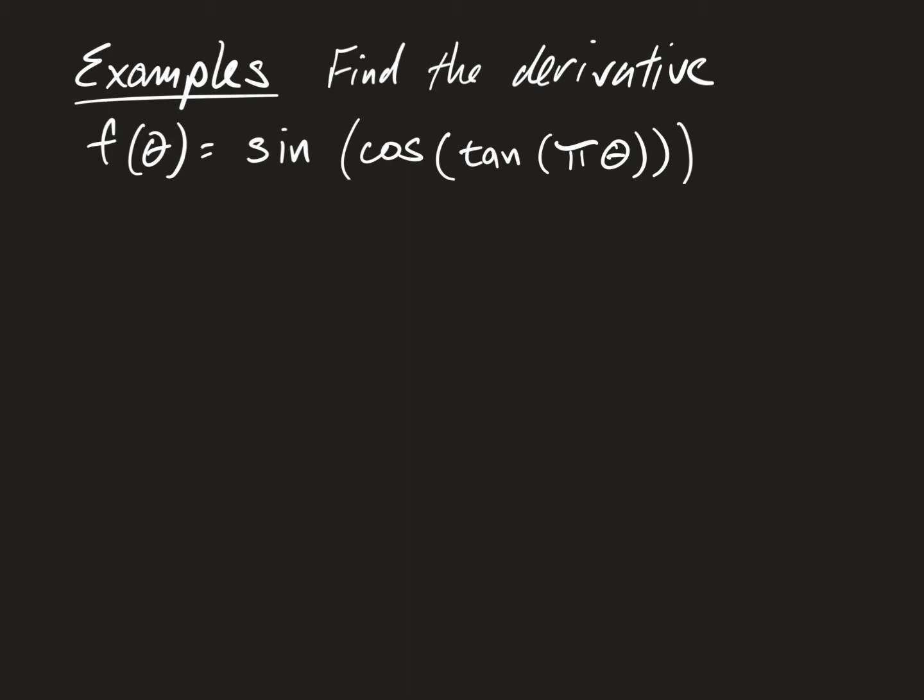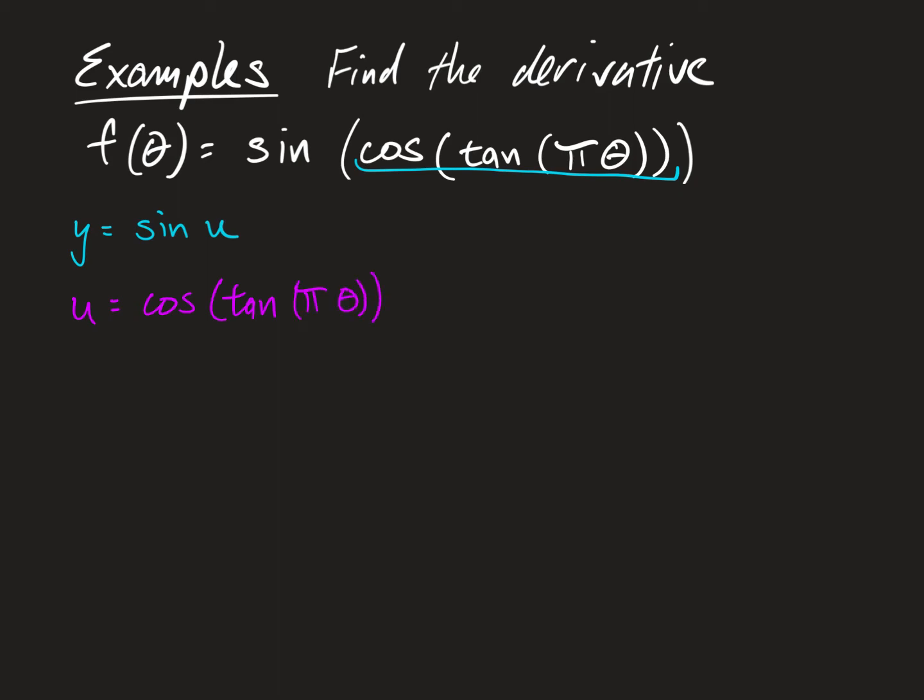So that means I'm going to have an outer function that is y equals sine of u. And you can see here that this is u. That's what's inside the function. So I'm going to go ahead and write that down. u equals cosine of tangent of pi theta.